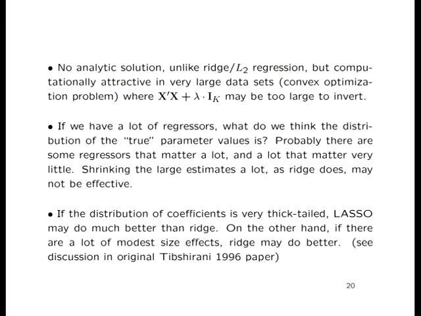Conceptually, it is also interesting to think about why it might work well relative to Ridge. And there, this sparsity issue is very important. If you look at Tibshirani's original 1996 paper, he talks about the fact that if you think there are many covariates and they all have similar sized coefficients, then Ridge is a very natural thing, or in general, putting a prior on these coefficients with common mean and some variance is a very natural way to go.